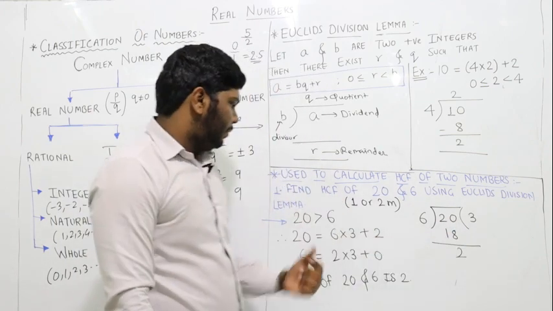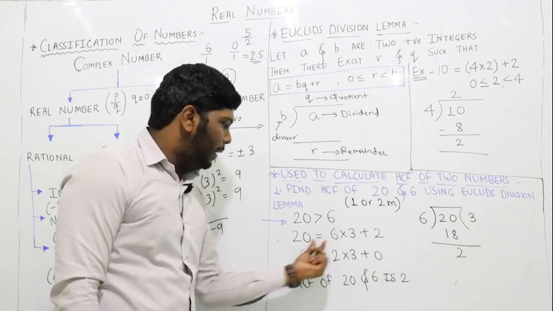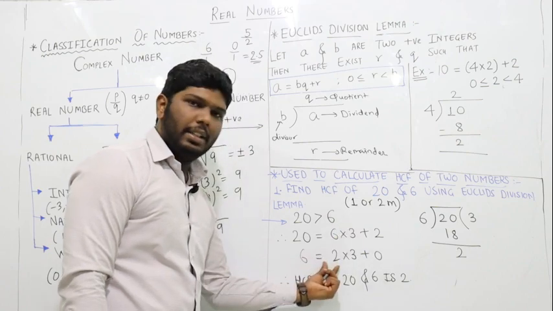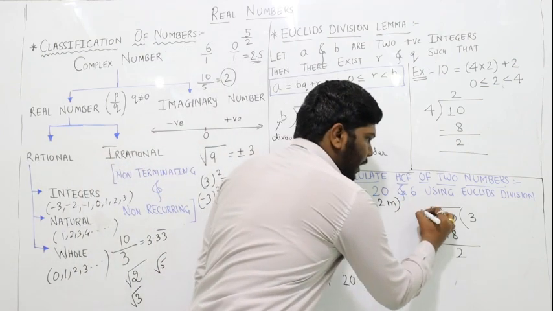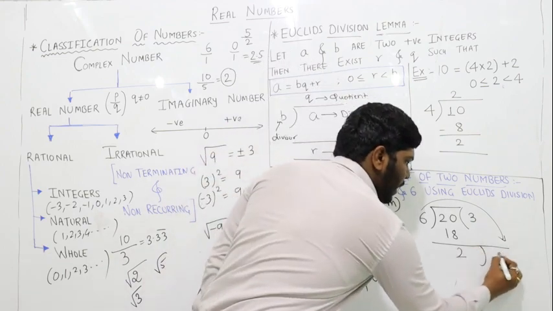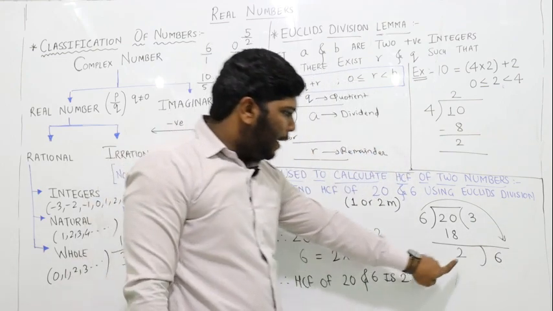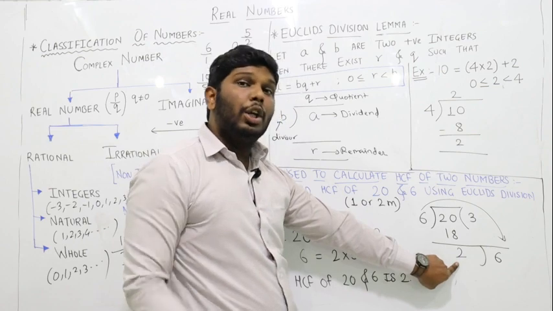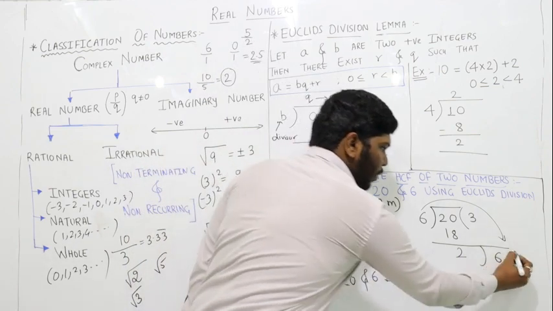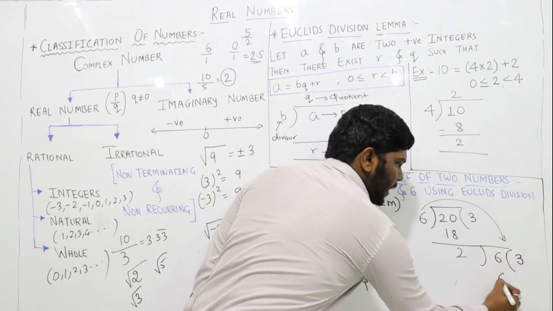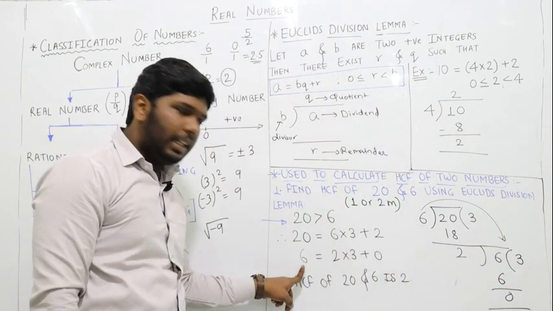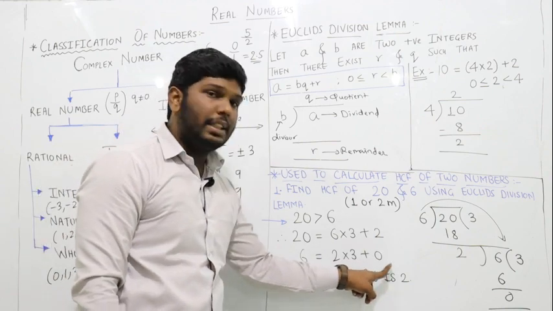In the next step, this divisor will be the dividend and this remainder will be the divisor. Like this, you transfer it here. So 6 will become the new dividend and the previous remainder will be your new divisor. So when you divide 6 by 2, we have 2 3s are 6 and the remainder is 0. So again we write 6 as 2 into 3 plus 0.